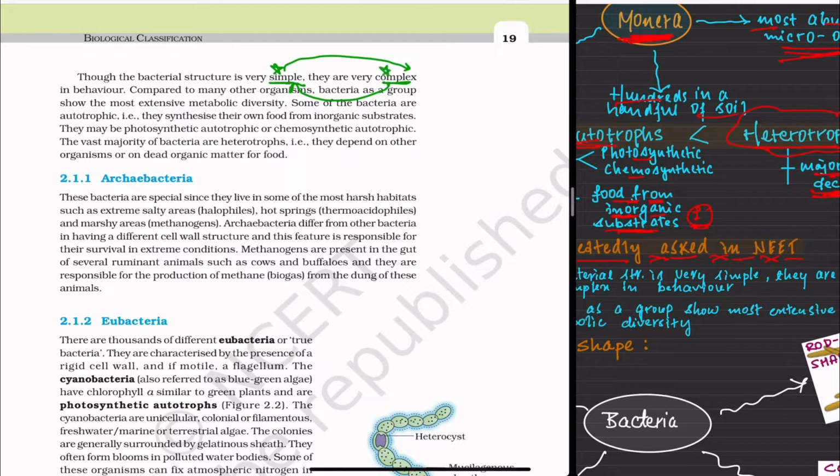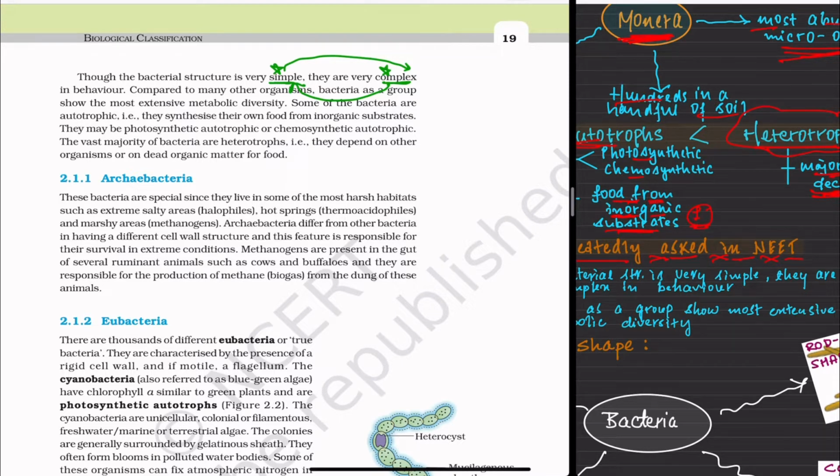Yes, I'm quite smart. Though the bacterial structure is very complex, they are very simple in behavior. Obviously, they will be simple in behavior, they are evolutionarily primitive. It appeals to us because in bacterial structure we see the glycocalyx, the capsule, then the cell wall, and yes, it would seem quite complex. But this is our mistake. The bacterial structure is very simple, but they are very complex in behavior.